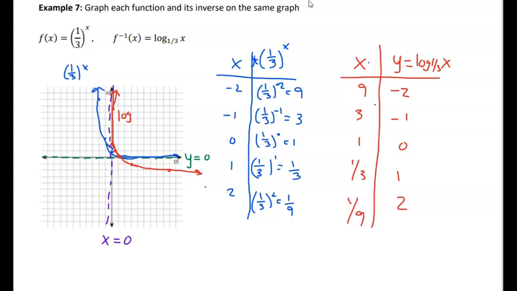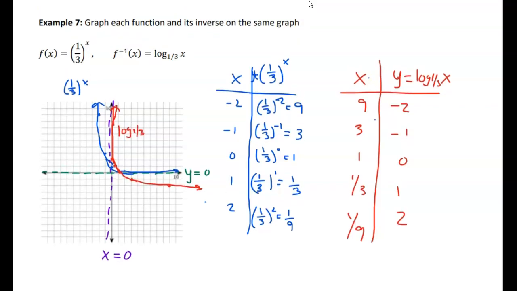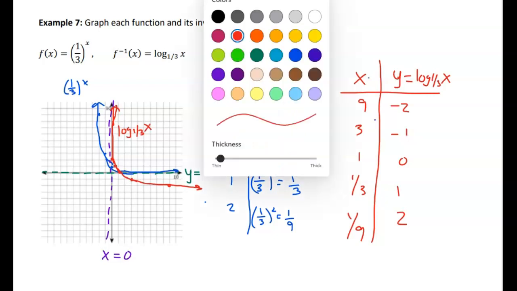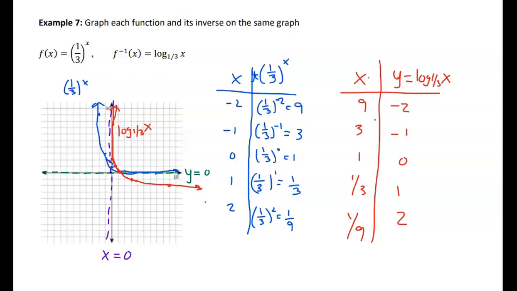So this is log base 1/3 of x. As with the other problem, you can see that these are inverses, so they're mirror images of each other along y equals x. That's the best way to graph the logs: graph the exponential and then switch them around.